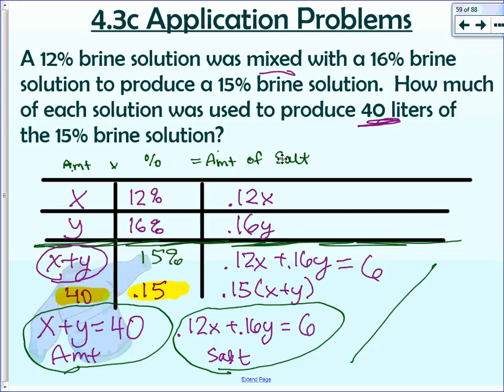And then you plug the 10 in. It's easiest to do in that version.